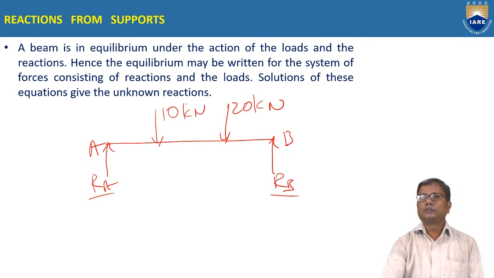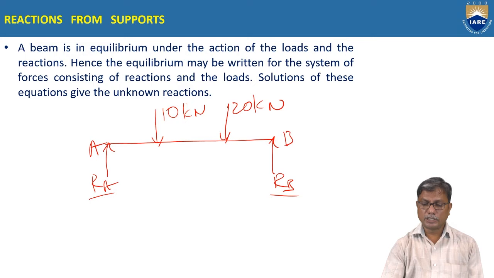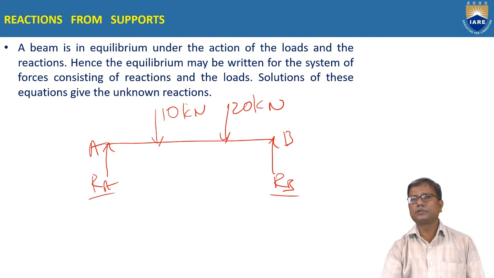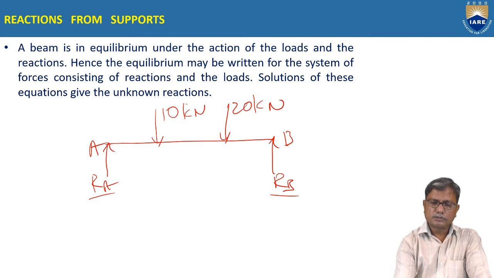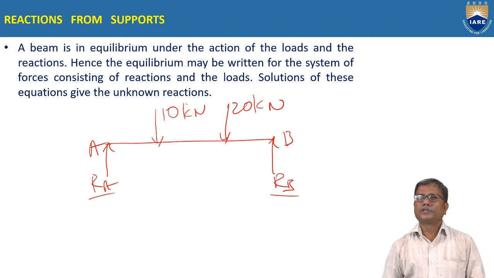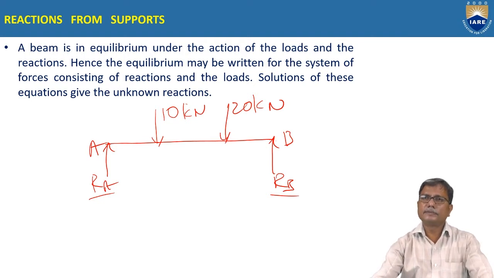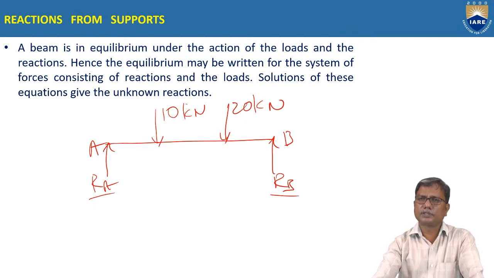These unknown reactions can be found by using the equilibrium conditions sigma Fx = 0, sigma Fy = 0, and sigma M = 0. Finding the reactions will be the very first step in analyzing a beam, in the case of statically determinate structures we are talking about.